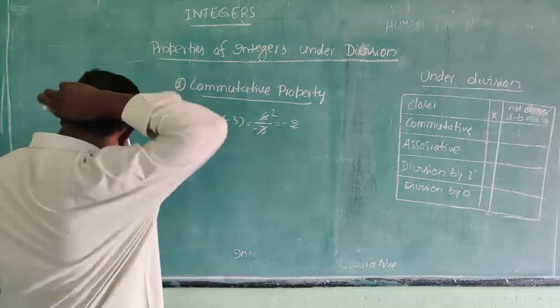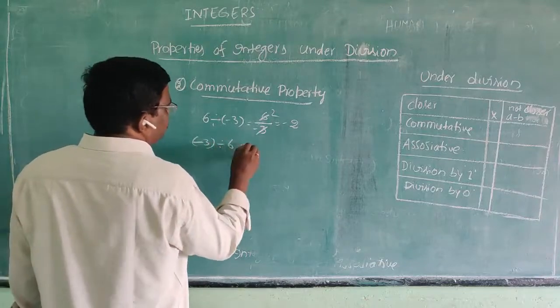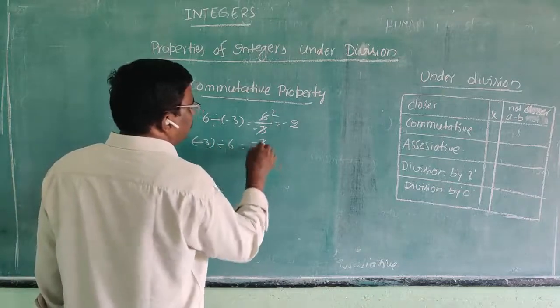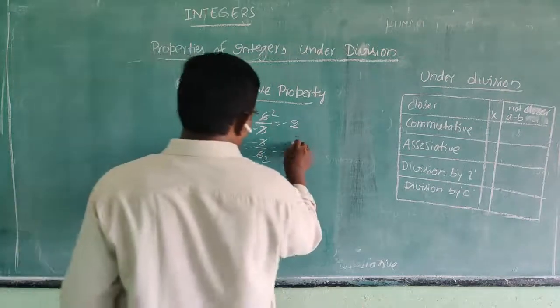That equals minus 2. Next, minus 3 divided by 6 equals minus 3 by 6, which is minus 1 by 2.